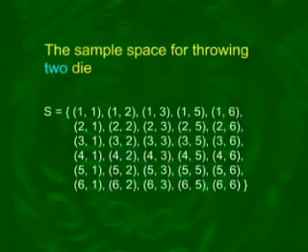And the Cartesian product A cross A will consist of 36 elements that you now see on the screen: 1,1, 1,2, 1,3, 1,4, 1,5, 1,6, and so on.